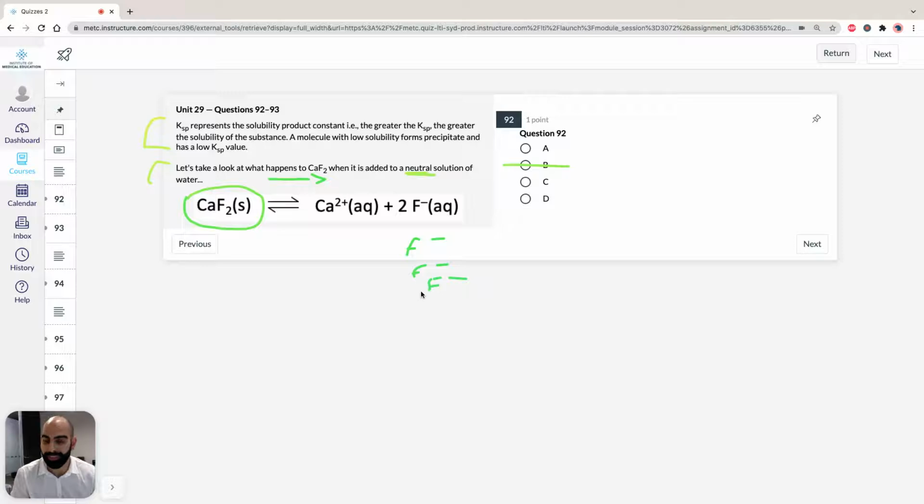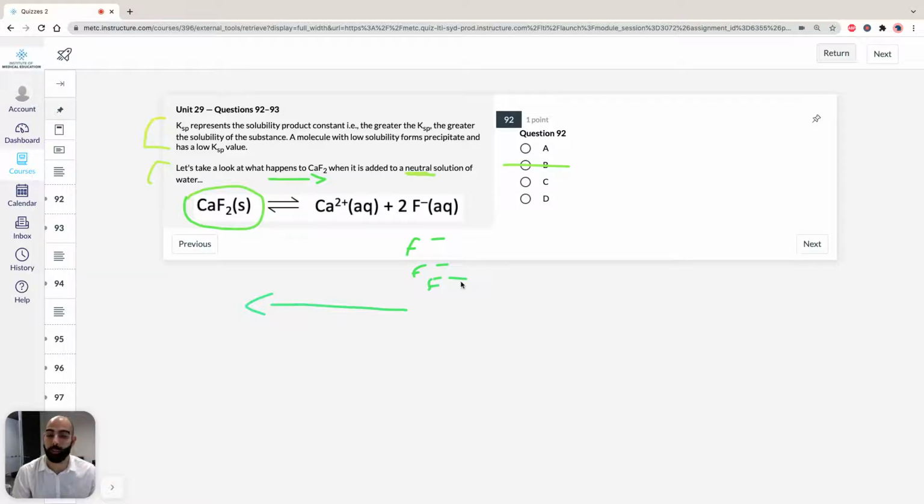And what that means is we have to shift the reaction to the left, because remember it's equilibrium, Le Chatelier's principle. So it's going to shift to the left, which means we're going to produce more calcium fluoride solid, more saturated solution and more precipitate.